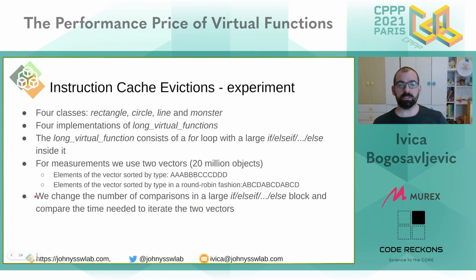How do we change the size? Well, there is an if else block, and we add or remove some of the conditions inside the block. And we compare the time needed to iterate the 2 vectors.